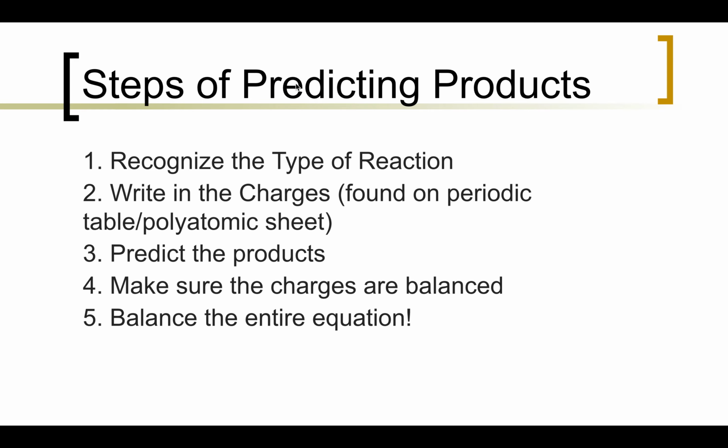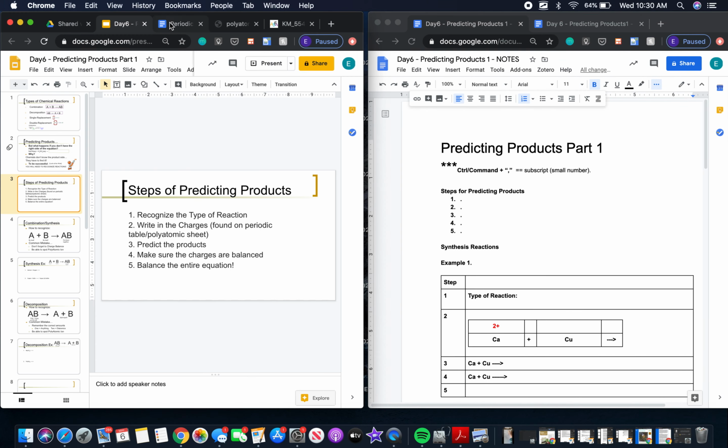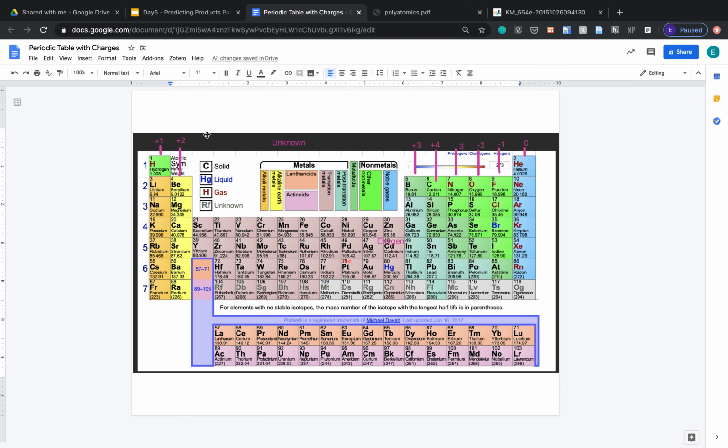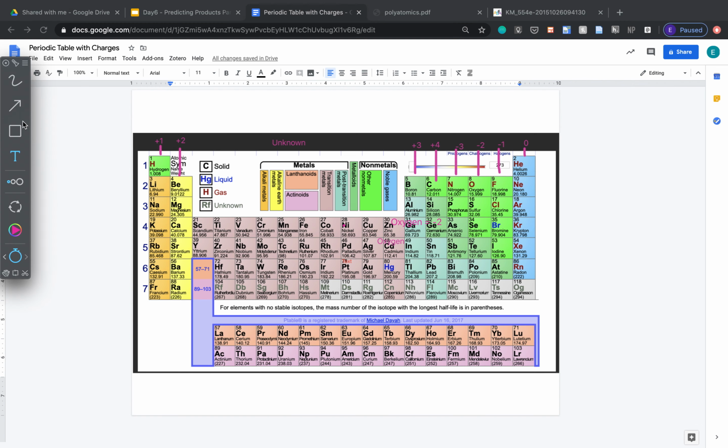We're just gonna jump over to our periodic table, right, which I have included with the charges, right? And if you remember, these should be written into your own periodic table, though you might not have that, right? So we have the charges up here. And over here we have oxygen. And we know that oxygen's charge is -2, right? That's how we know that oxygen's charge is -2.